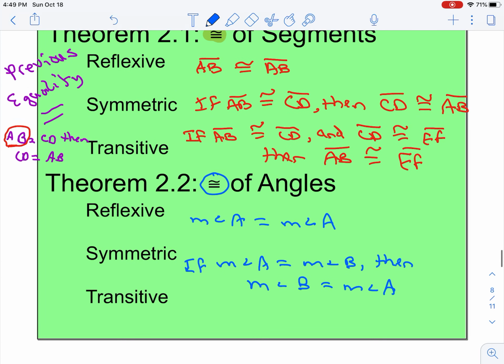And again, a picky detail between equality and the measure being congruent. These are all congruent instead of equal. That's the difference, and that's why I put that measure in there.